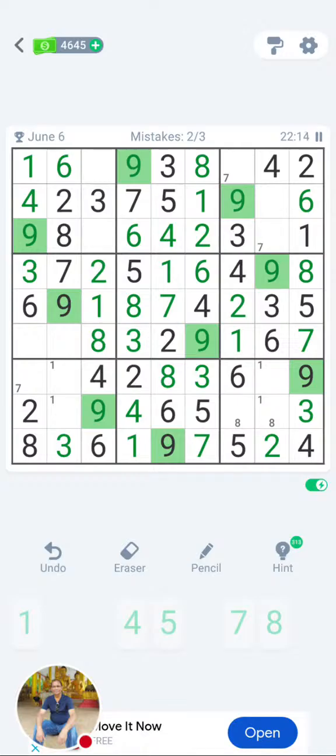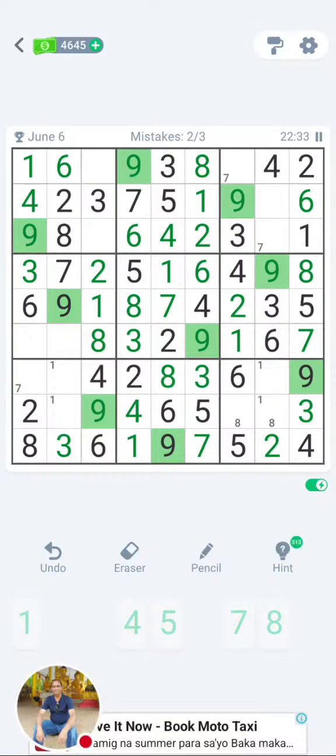Now let me see anywhere else I can do something. Okay, there are two blanks here, two blanks on the first vertical column and the first grid on the top left. There is 1, 2, 3, 4, 5, and 7 is missing.